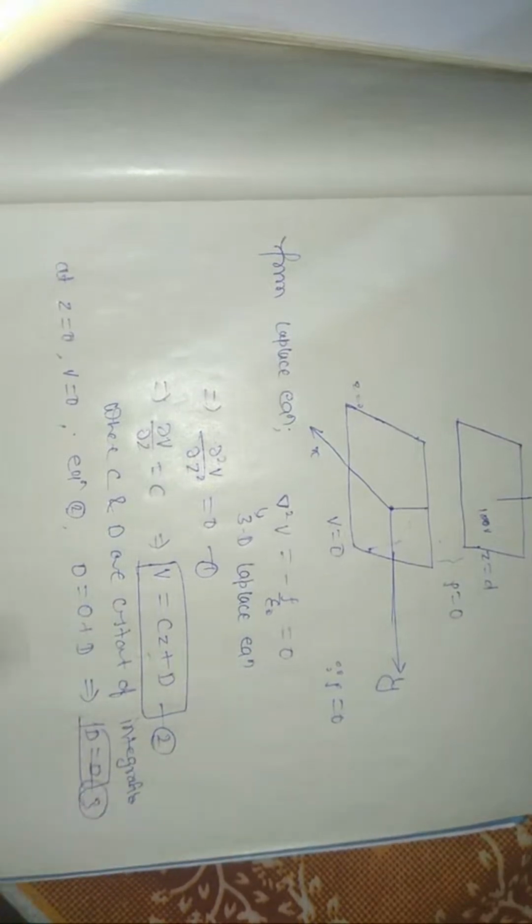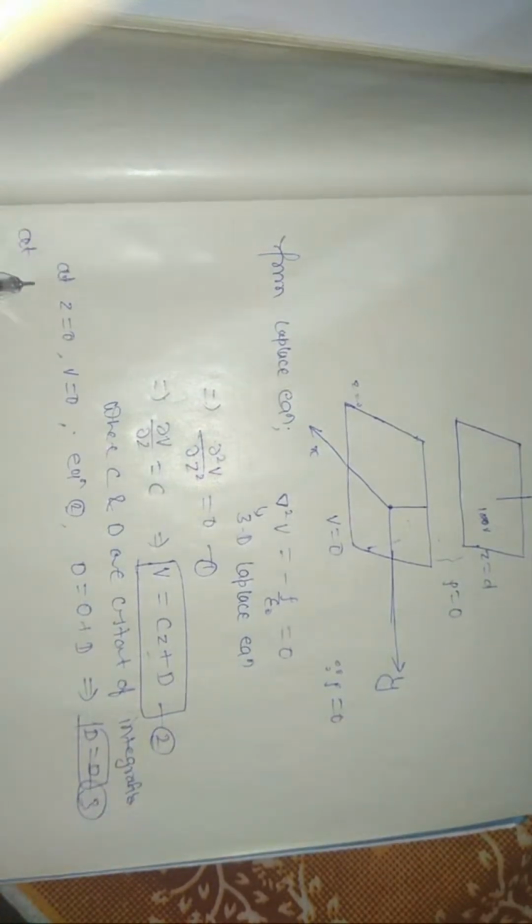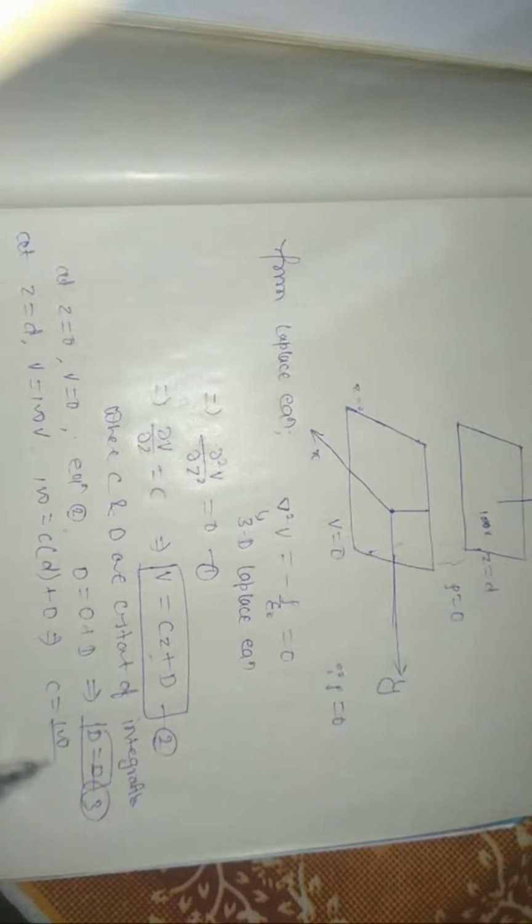This is the third equation. And the second condition, at z equal to d, potential is 100 volts. So 100 equal to C into d plus 0, that is C equal to 100 by d. This is equation 4.